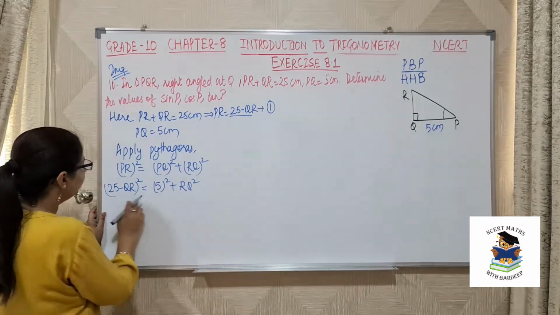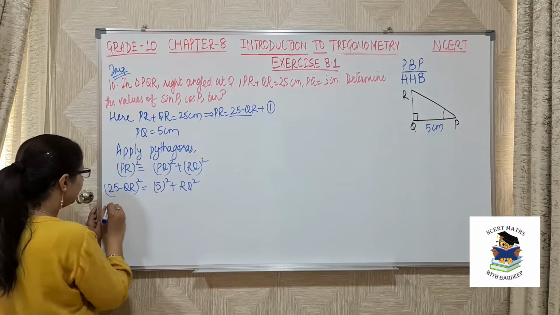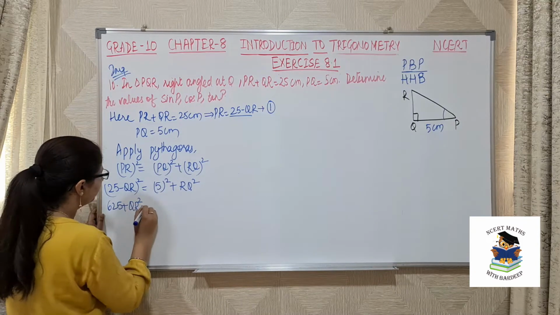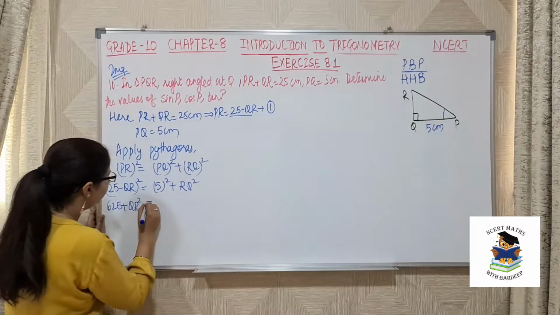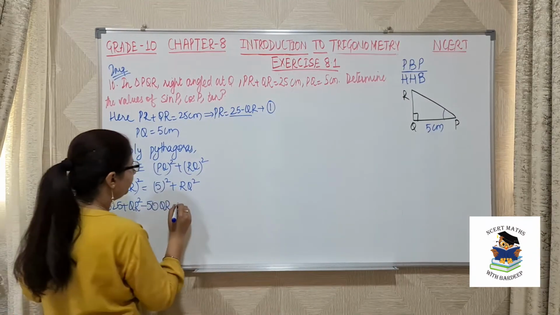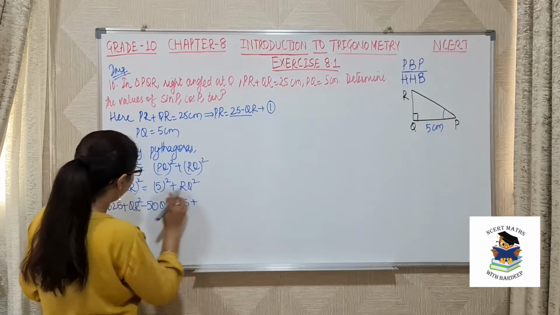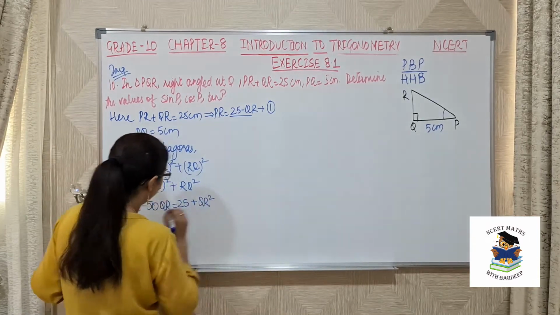So this is A minus B whole square. So A minus B whole square is A square, that is 625, plus QR square minus 2AB. So 2 into 25 is 50, 50 QR. This is 5 square is 25 and RQ square or QR square, one and the same thing. So I can write like this also.